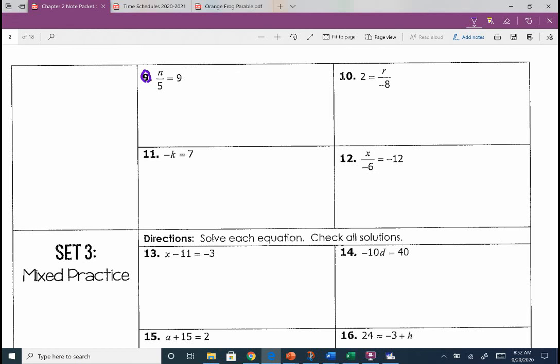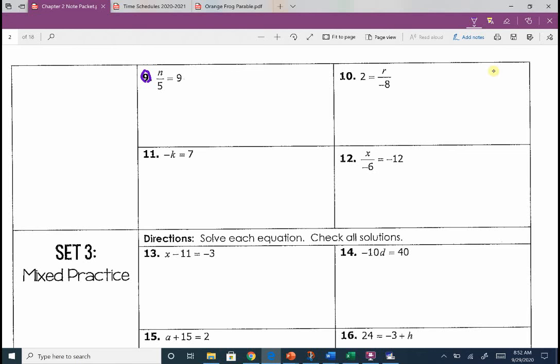Now, I know some of you just looking at number 9, you know what answer divided by 5 gives you 9. But we want to talk about how we would solve it, what the step would be. That fraction bar means division by 5. So what's our inverse for division? Or how do we undo division? Multiplication. So we need to multiply by 5.